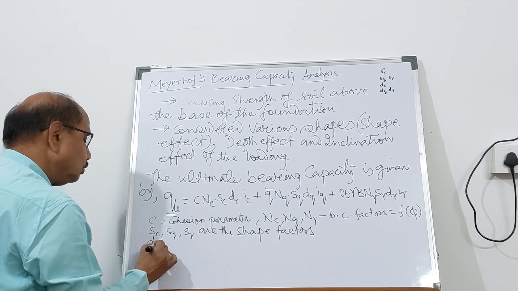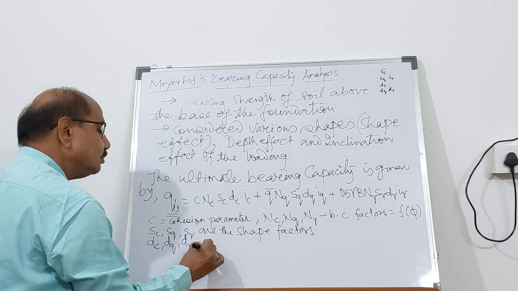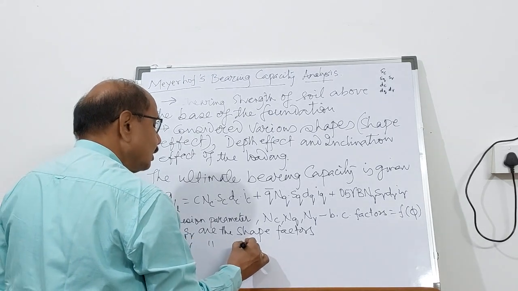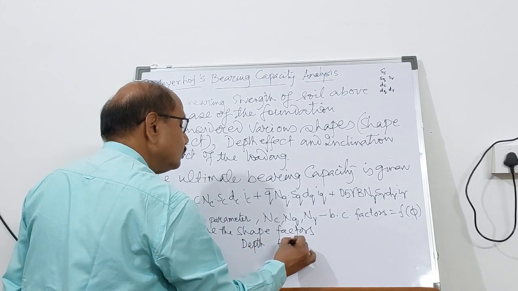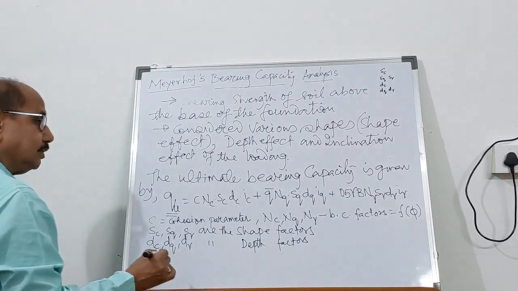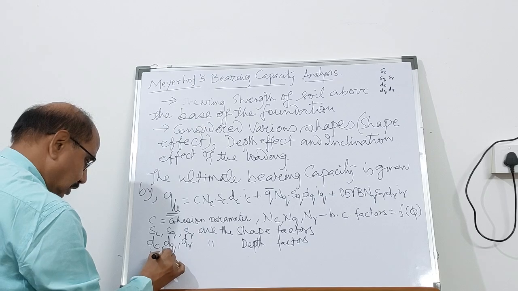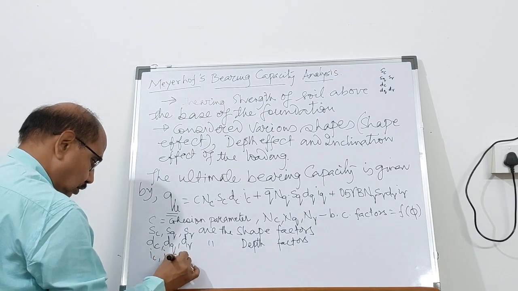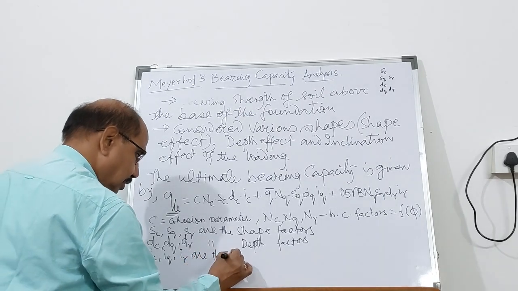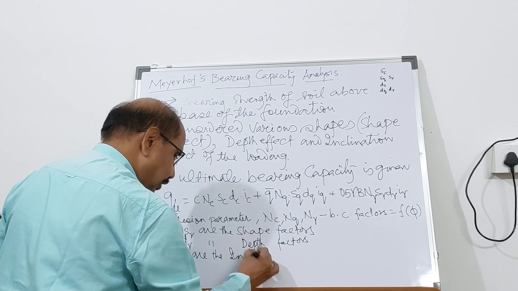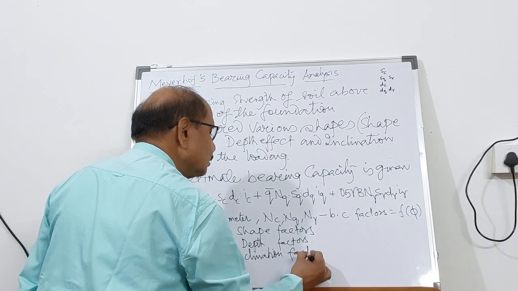Dc, Dq, D gamma are depth factors. And Ic, Iq, I gamma are the inclination factors.